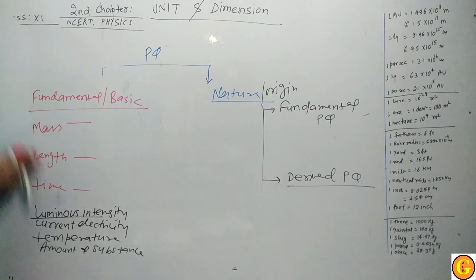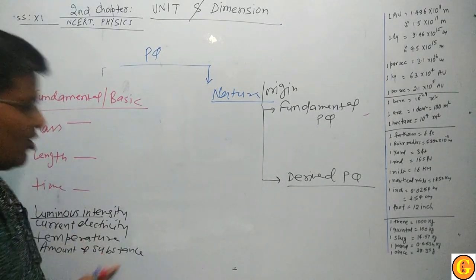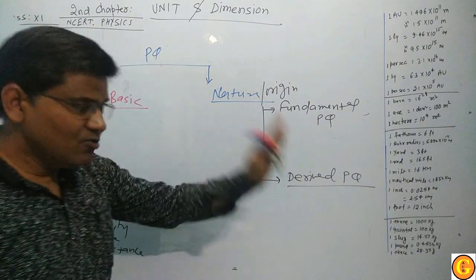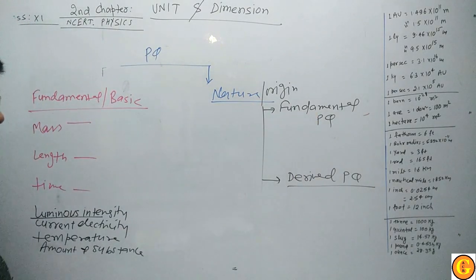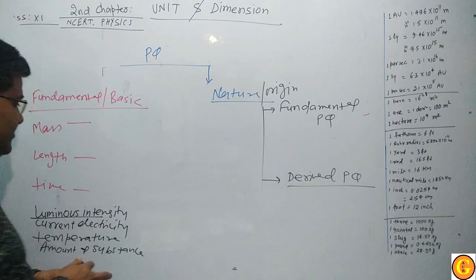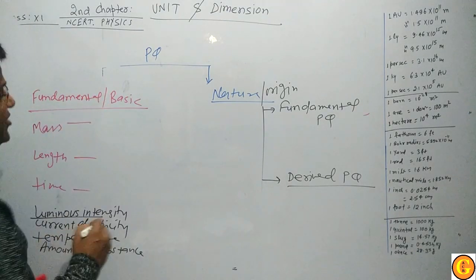Okay, these are the fundamental quantities, and except these, all are known as derived physical quantities. Derived physical quantity means it depends upon other physical quantities.